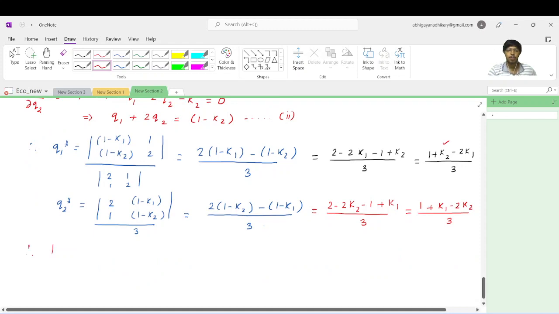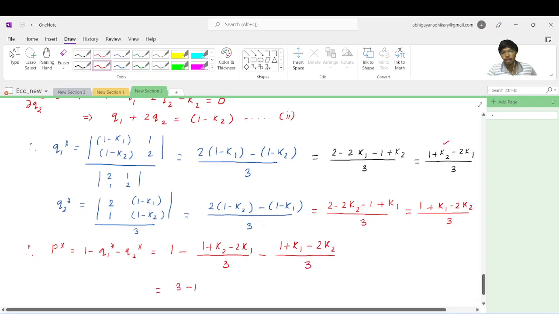So therefore what is p star? It is 1 minus q1 star minus q2 star. So 1 minus q1 star is 1 plus k2 minus 2k1 divided by 3 minus 1 plus k1 minus 2k2 divided by 3.